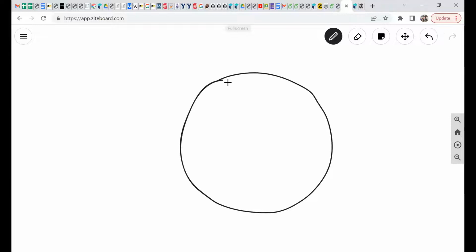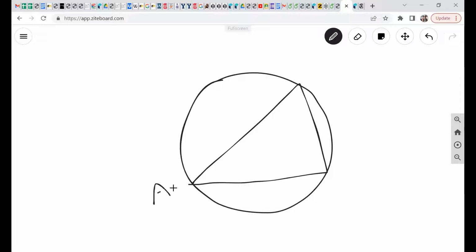We have a triangle, A, B, C, and we have the circumcenter O.